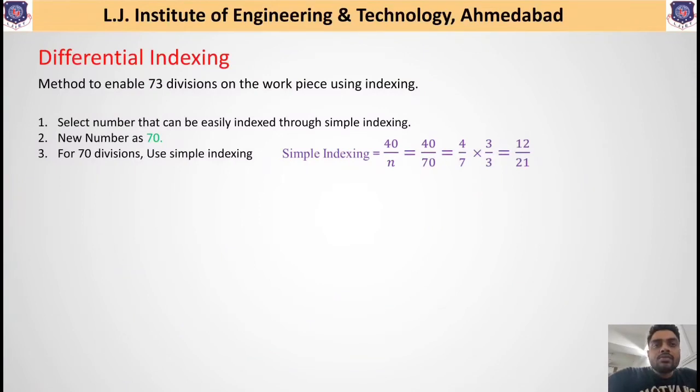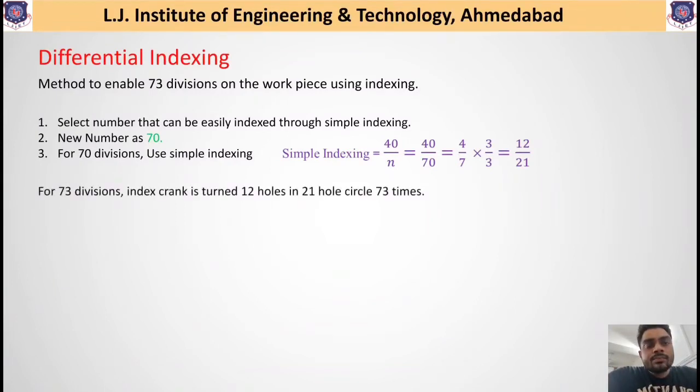As we want to obtain 73 divisions, this process needs to be repeated 73 times. So for 73 divisions, the index crank is turned 12 holes in the 21 hole circle 73 times.